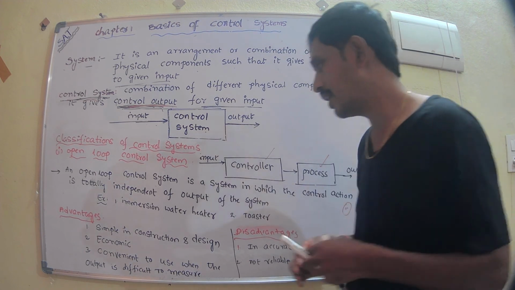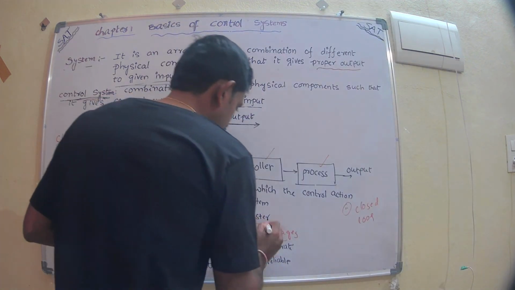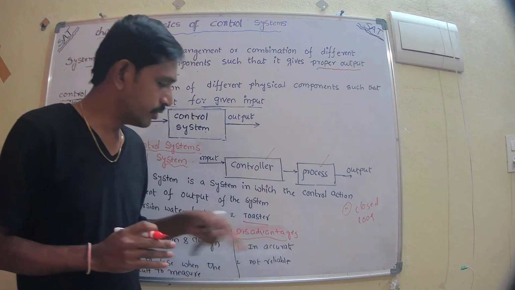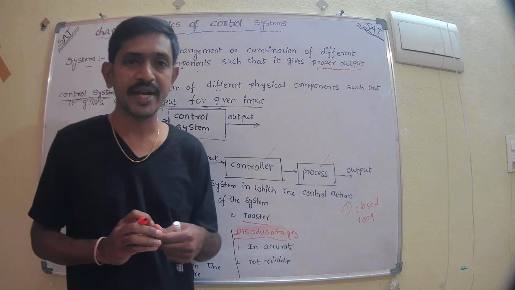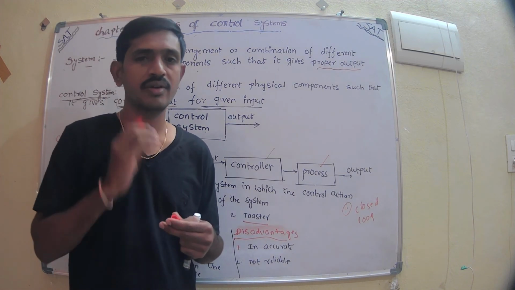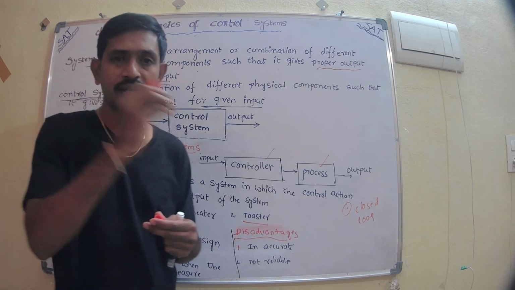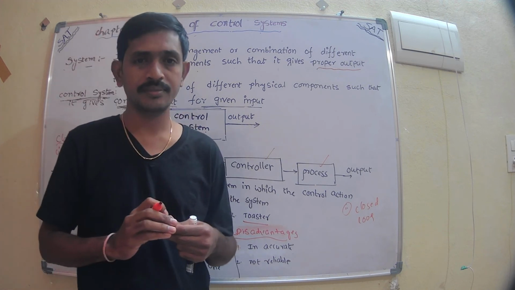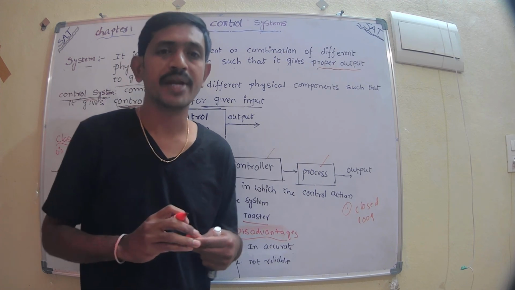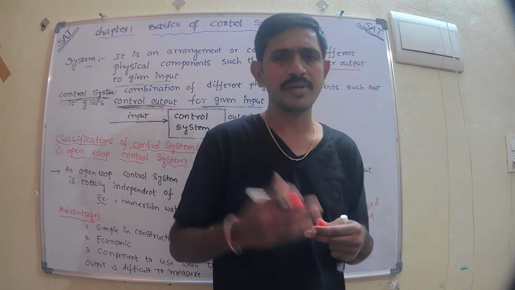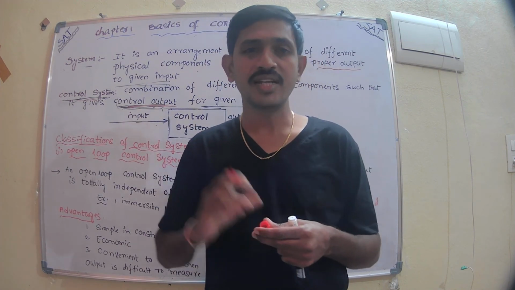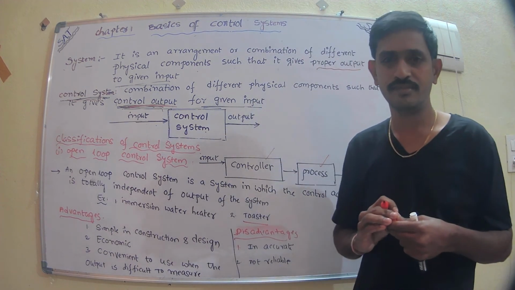Okay, next one. One more example, the toaster. What is the purpose of a toaster? It heats the bread. Whenever we insert the bread in the toaster, it increases the temperature of the bread. It goes on increasing the temperature, and manually we can switch off the toaster.